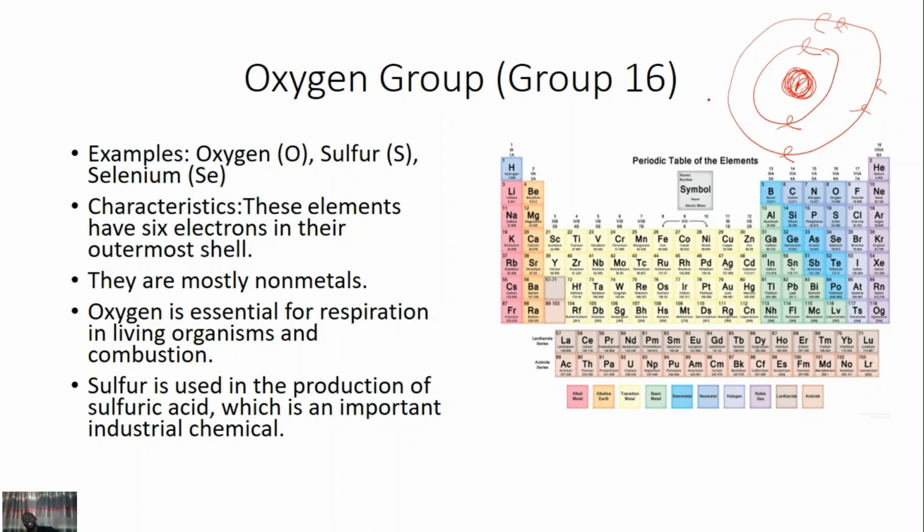Those in group 16 have 6 electrons in their outermost shell and want to gain 2 more electrons. Therefore, they tend to form a negative 2 ion. For example, oxygen usually forms a negative 2 ion. Oxygen is very essential in respiration for living organisms, and sulfur is used in the production of tetraoxosulfuric acid.